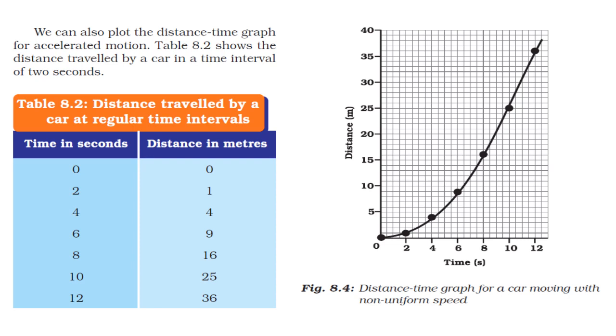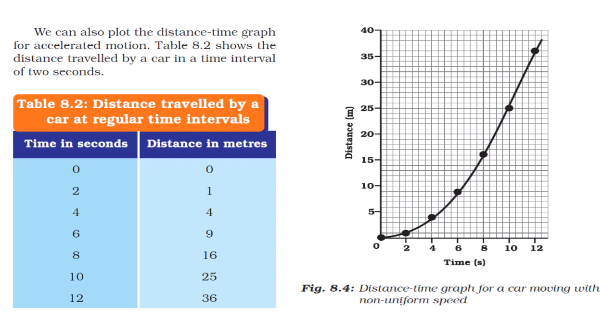So when the time is 0, the distance covered by the object is 0. See the table. For time 2 seconds it is 1 meter, for 4 it is 4, for 6 it is 9, for 8 it is 16, for 10 it is 25, and for 12 it is 36. The point to note here is that the time is in equal intervals, like 0, 2, 4, 6, 8, but the distances are not equal.